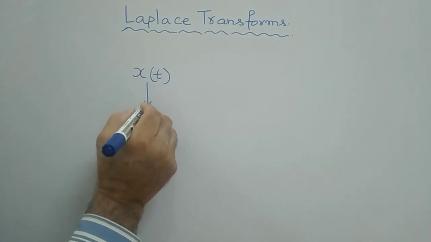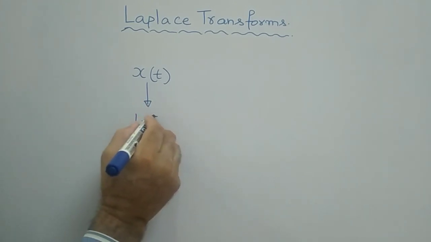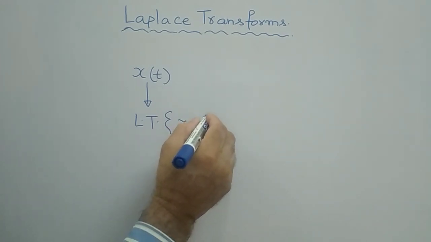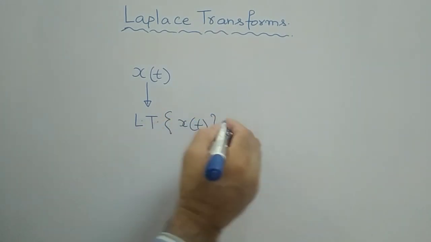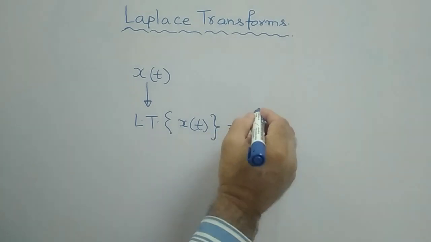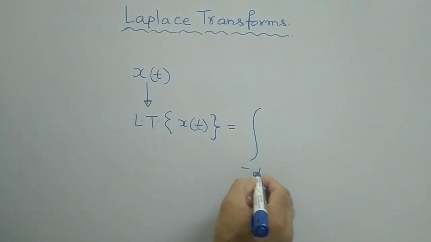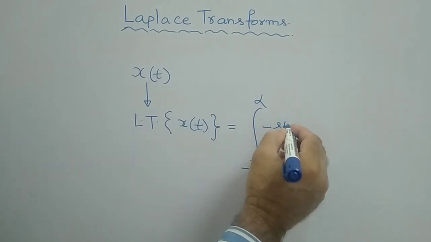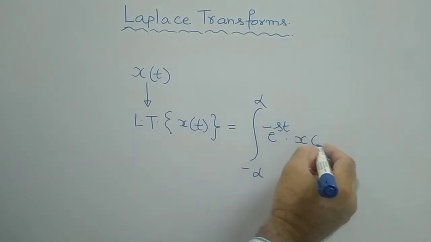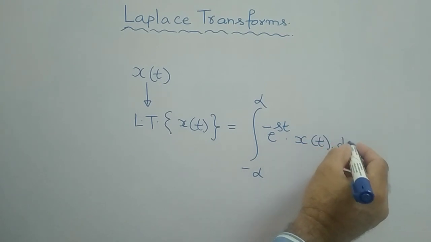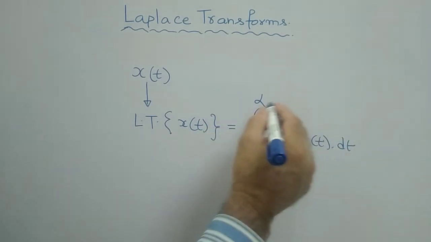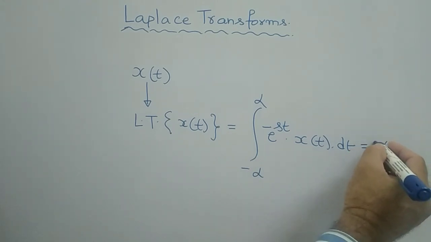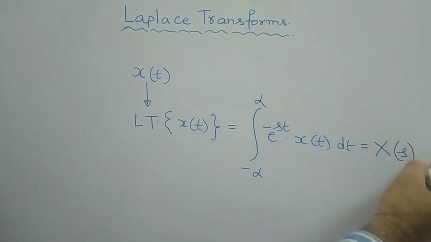Then the Laplace transformation L of x of t is given as the integral from minus infinity to plus infinity of e power minus s t into x of t dt. This entire integral can be denoted as capital X of s.